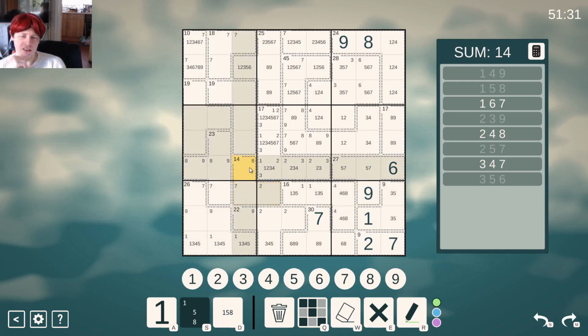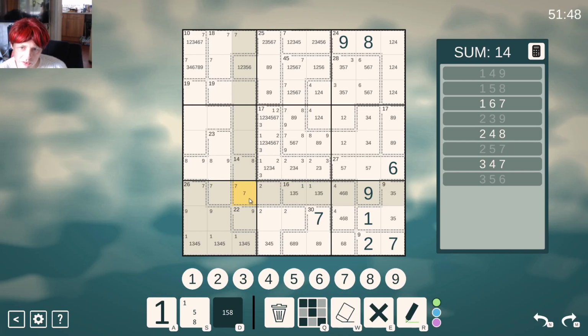Right, let me fill in the possibilities here because they are quite restricted. We must have a 7 or an 8. If we have a 7, it is here. So that is one of the possibilities, that there's a 7 here. If that's a 7, we can have 3, 4, either way round, I believe.